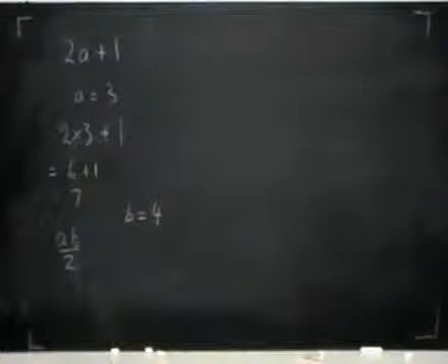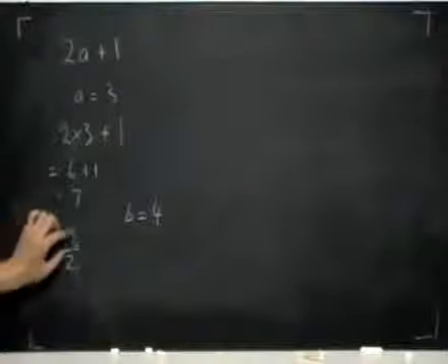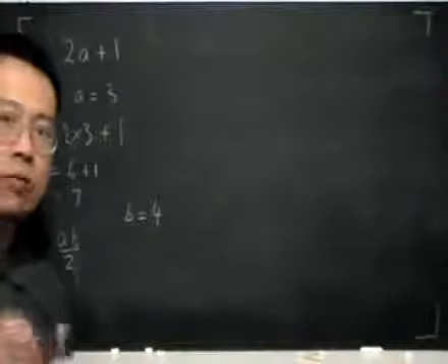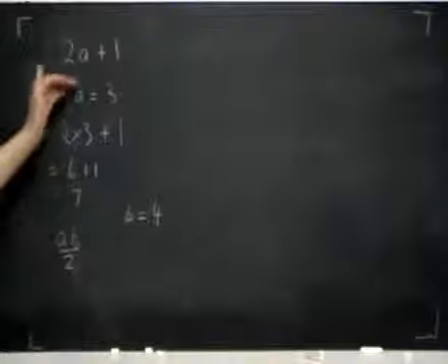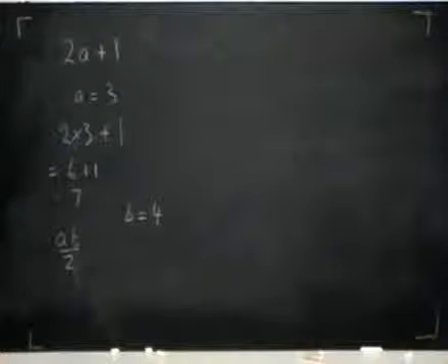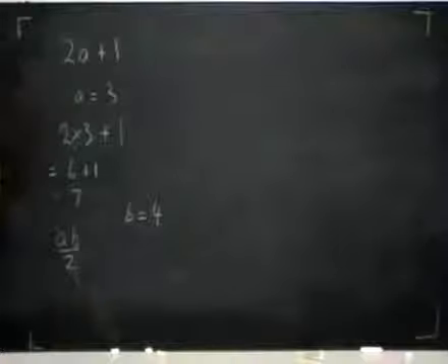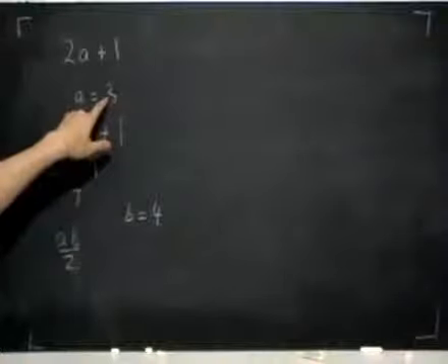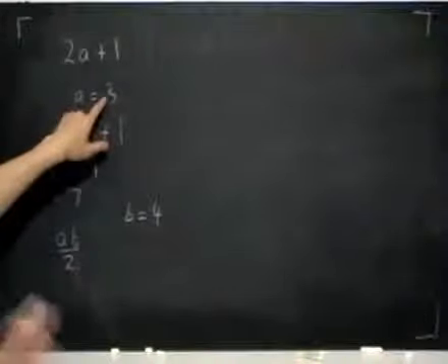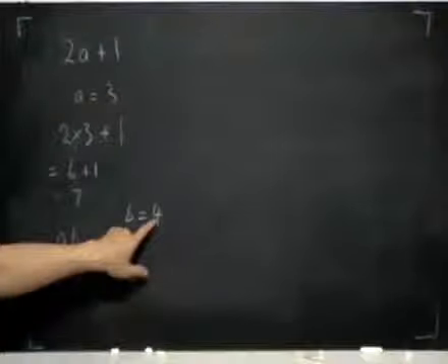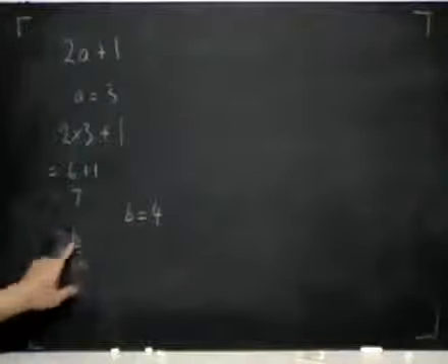Now we can calculate a b over 2 if we know what a and b are, and again the method is called substitution. All we need is to substitute 3 and 4 into the a and b.